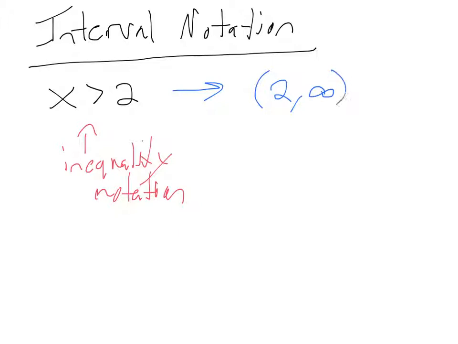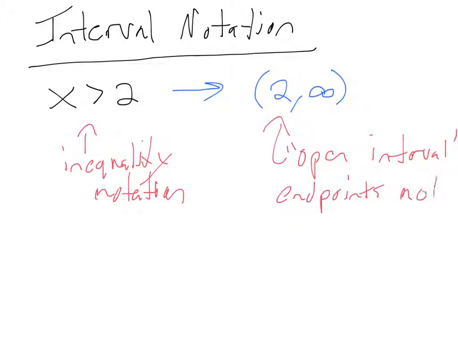No, so it can't really be included either. So we call this an open interval because the endpoints are not actually part of the set.